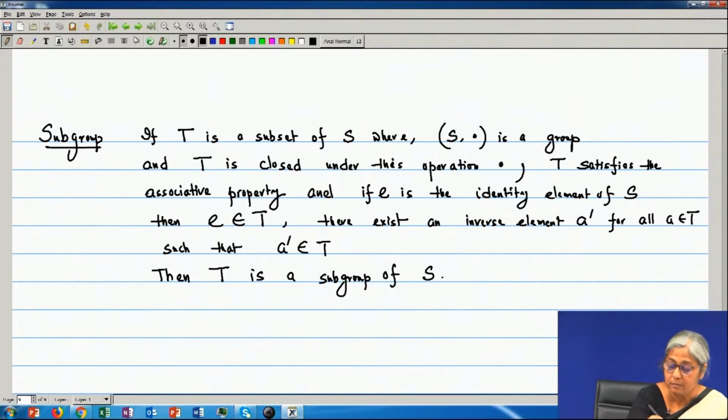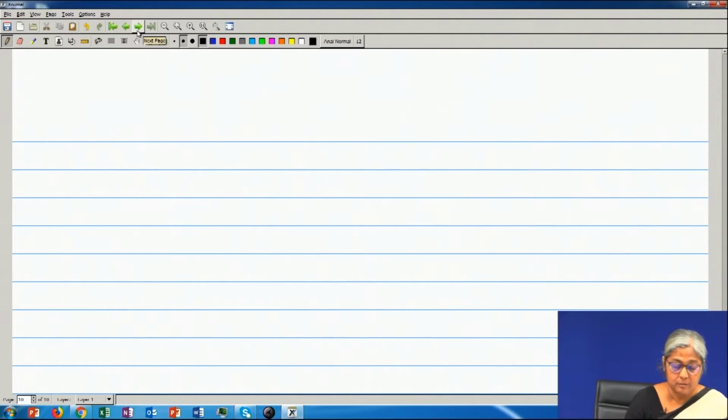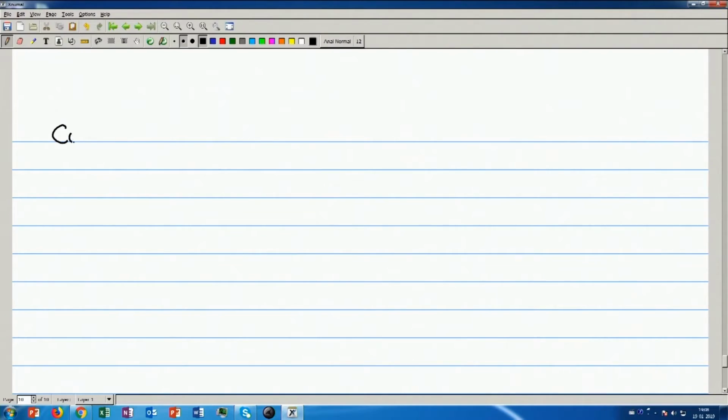Now, we read two properties we actually defined, and then we will give a theorem on this, that is called the Cosets and the Lagrange's theorem. So, first we define Cosets.